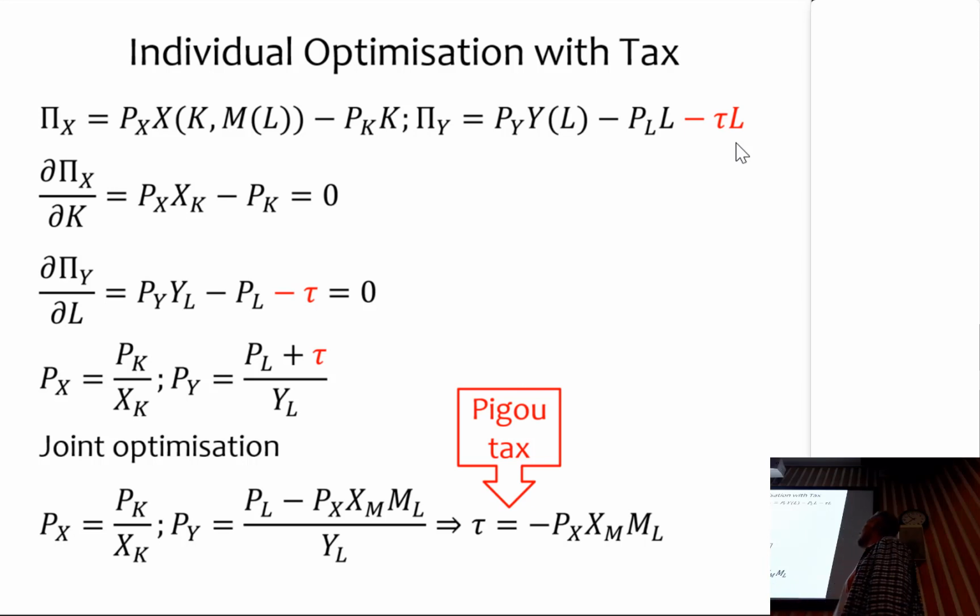Now, if we take that tax revenue, tau L, and give it to somebody, say company X, that is an income transfer. That does not affect behavior, right? Because they choose how much X to make and how much capital to employ, and they just get tau L, right? It does not affect their behavior. d tau L / dK is 0.